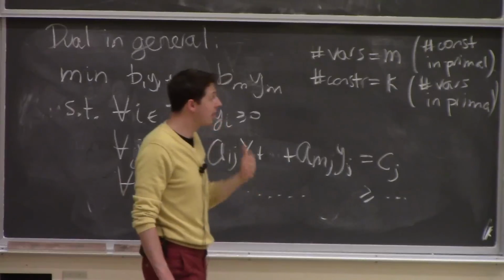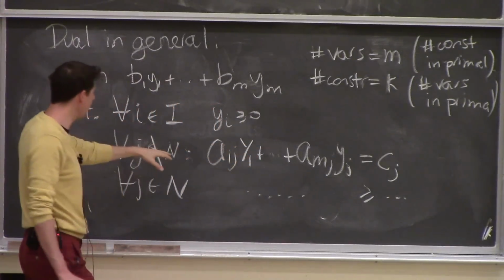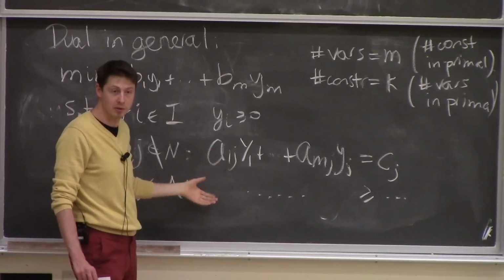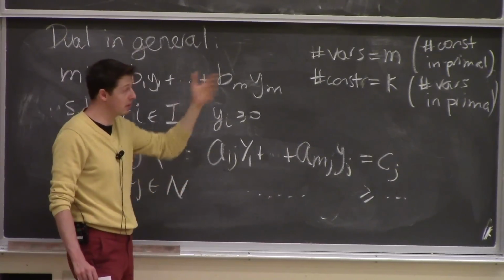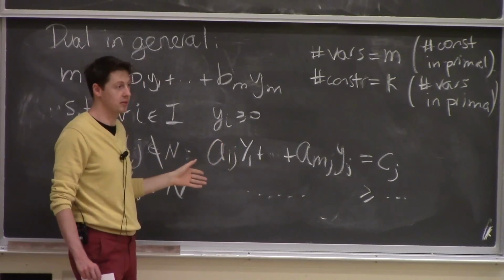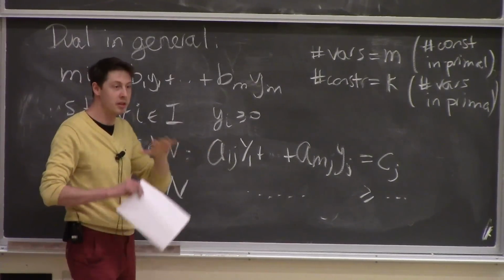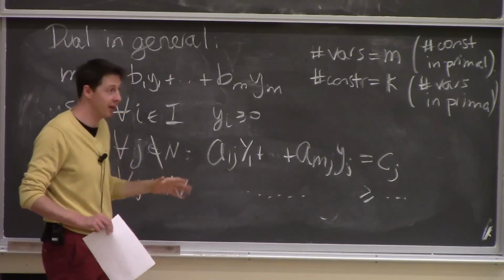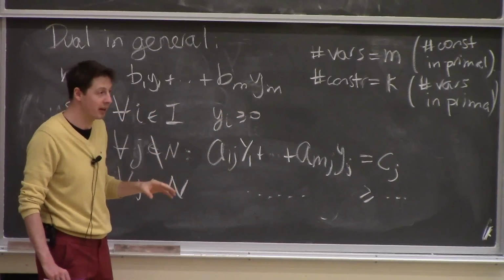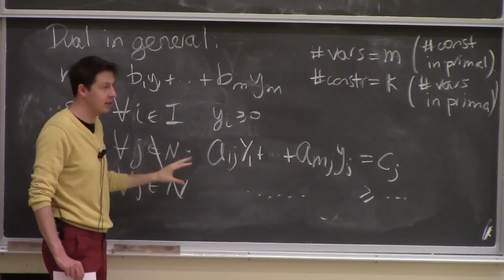That same matrix appears in the dual linear program, just transposed. Because the number of constraints is the previous number of variables, and the new number of variables is the previous number of constraints. So taking the dual is an extremely mechanical operation, and this derivation justifies why it looks like this, in case you forget. But that's exactly what's happening.